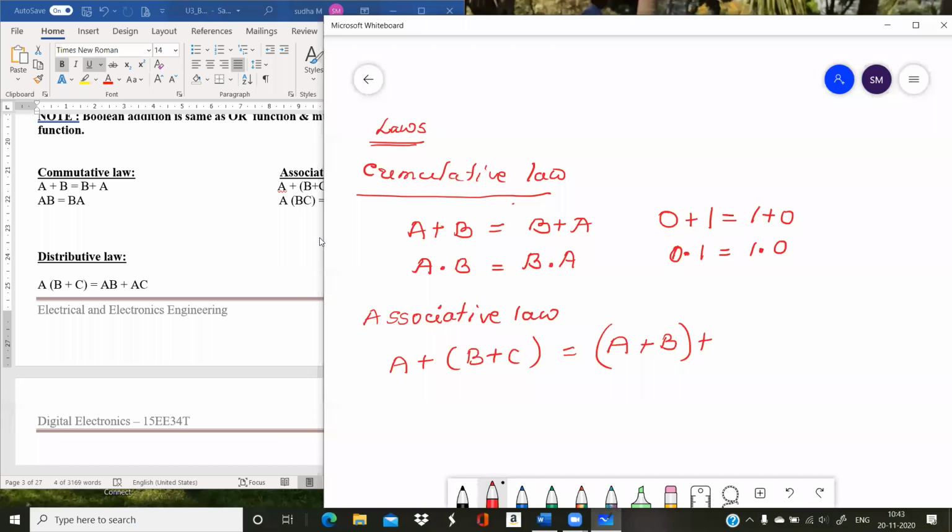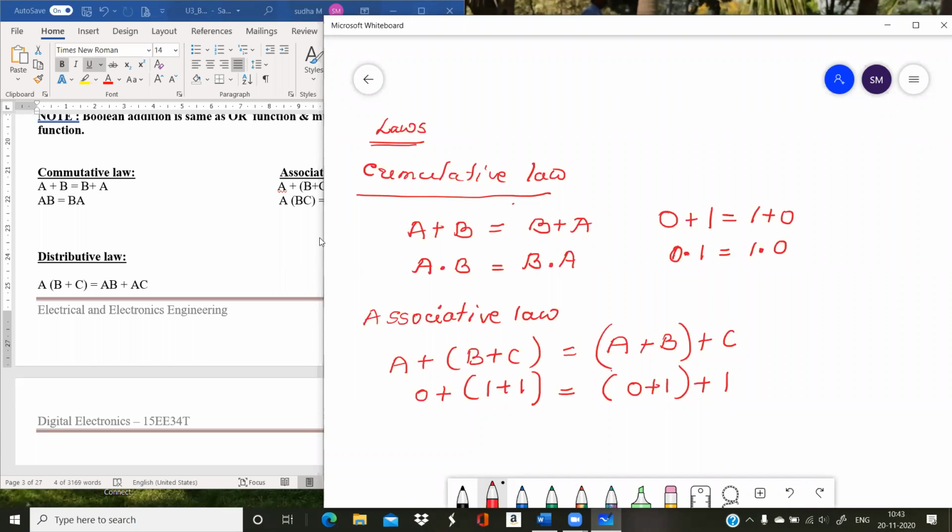Let us take one value for A, B, C: 0 plus (1 plus 1) is equal to (0 plus 1) plus 1.